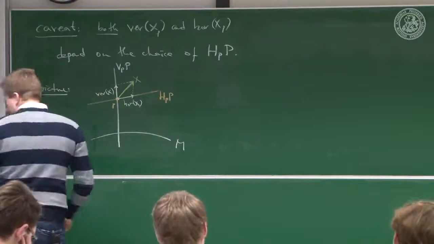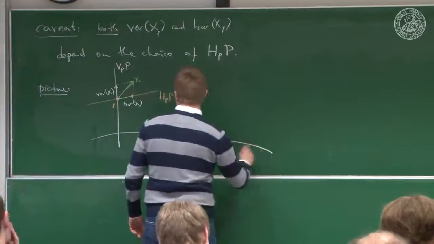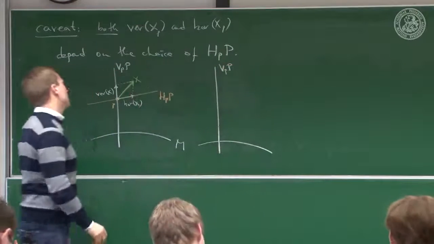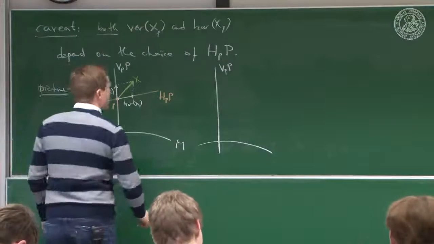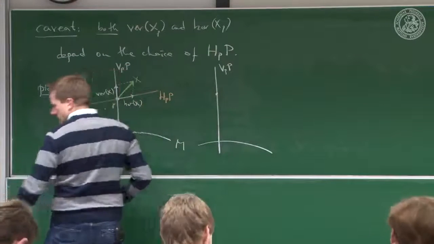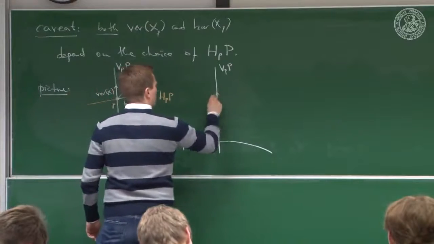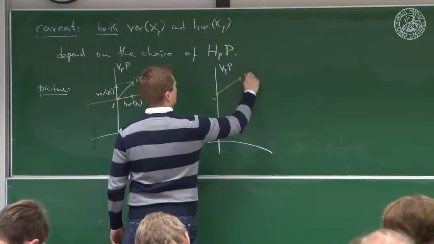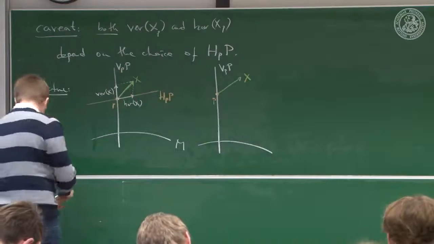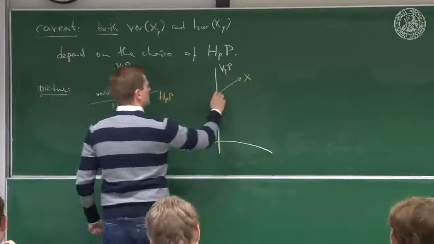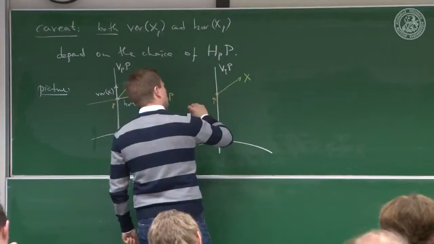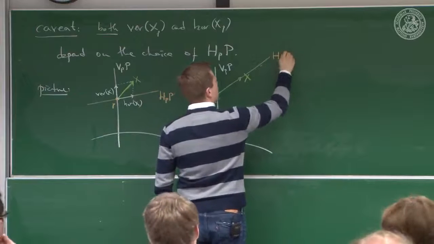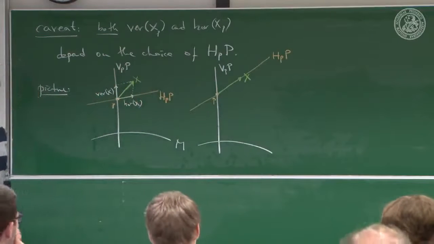And now take exactly the same vector, but I just copy the picture in order to not make this unreadable, but I now try to really take the same point P here and the same vector x. Well, it's the same, right? It's the same vector. But now instead of choosing the horizontal subspace like this, I choose, as an extreme case for this example, choose it like this.